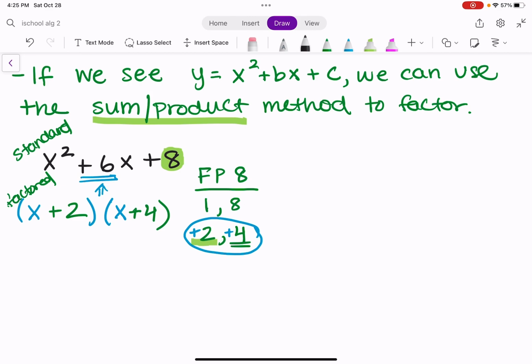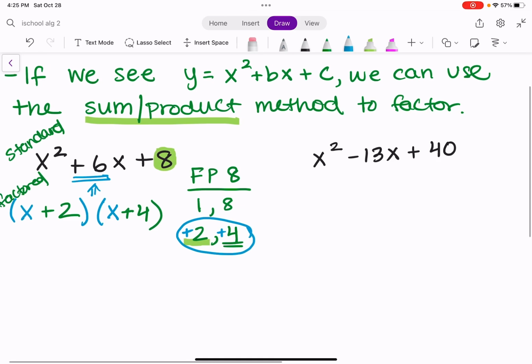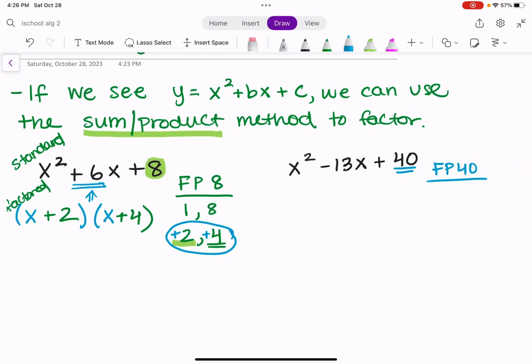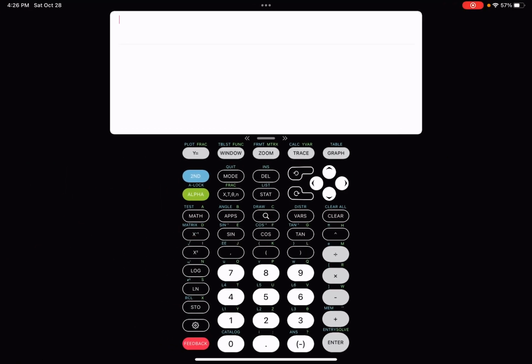Let's do another question. Let's say we have x squared minus 13x plus 40. So same thing. I start with finding the factor pairs of 40. Now, let's say you're not that strong in your times table. You can actually use your calculator to find the factor pairs. So the way that we do that, let's say we go to our calculator, you're going to hit y equals, and whatever our constant is, in this case it's 40, you're going to do 40 divided by x.